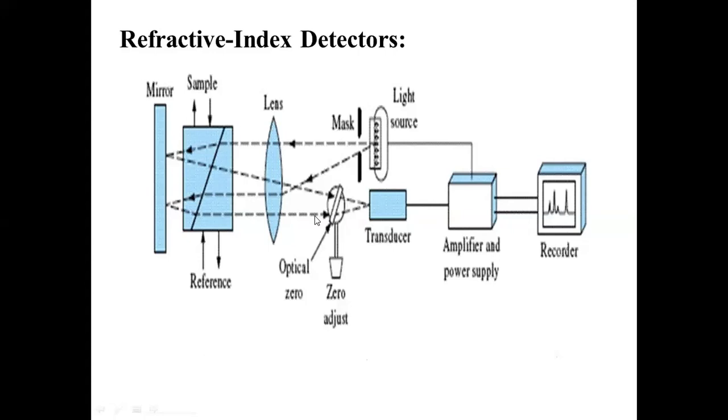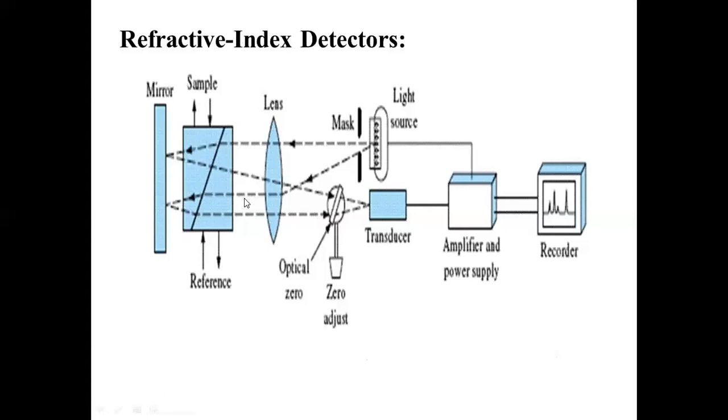At the initial stage, only the mobile phase will be moving, and if both compartments in this refractive index detector are filled by the mobile phase, there is no change in the refractive index. The refractive index change will be zero at the initial stage.